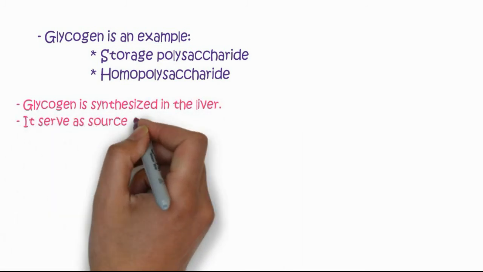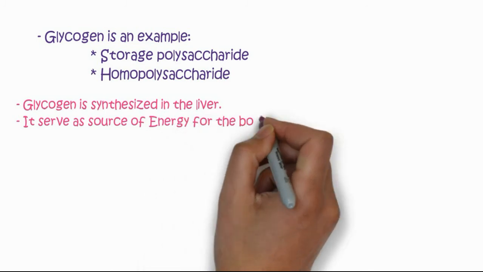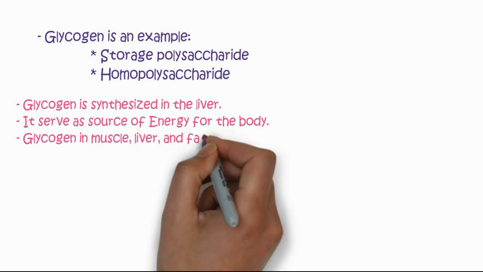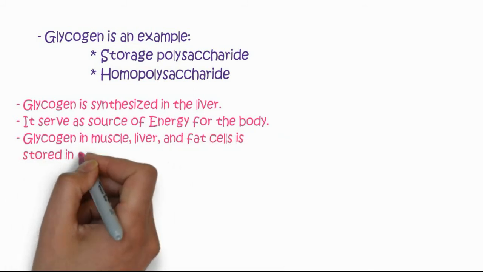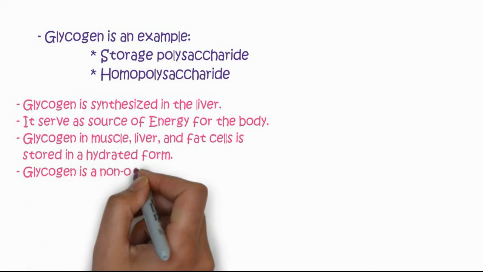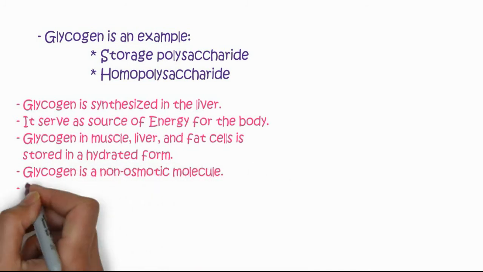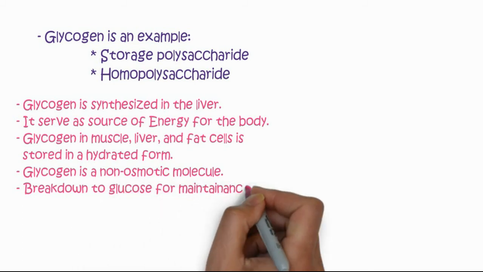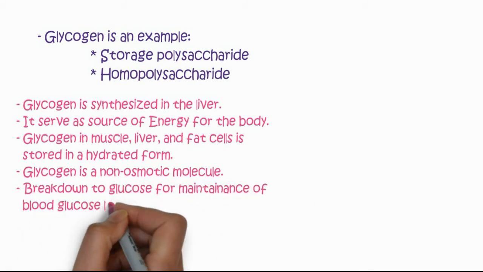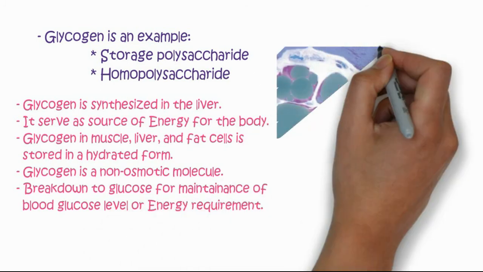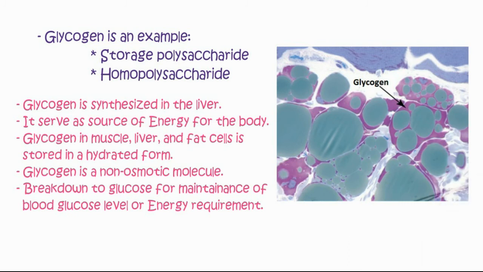Glycogen is synthesized in the liver. It serves as a source of energy for the body. Glycogen in muscle, liver, and fat cells is stored in hydrated form along with salt ions. Glycogen is a non-osmotic molecule. It is broken down to glucose for maintenance of blood glucose level or energy requirement.